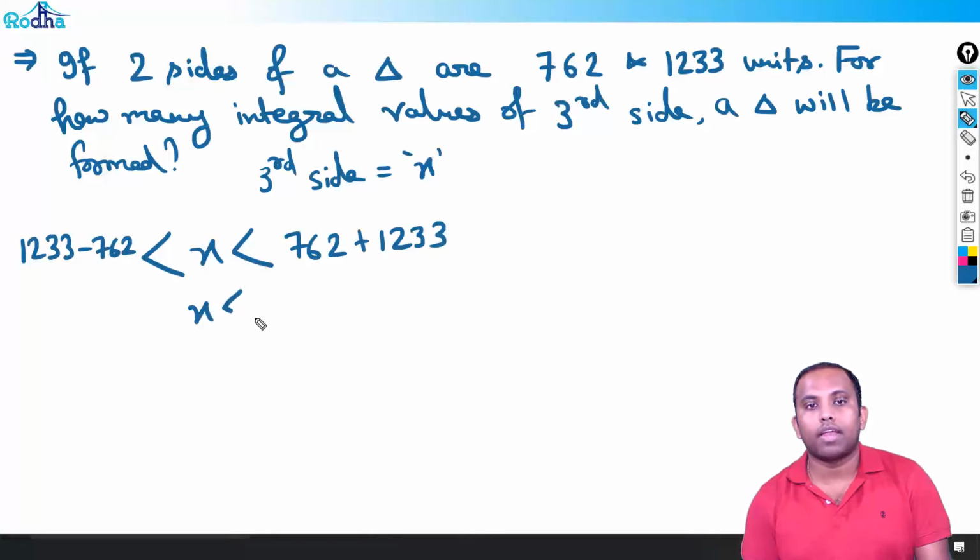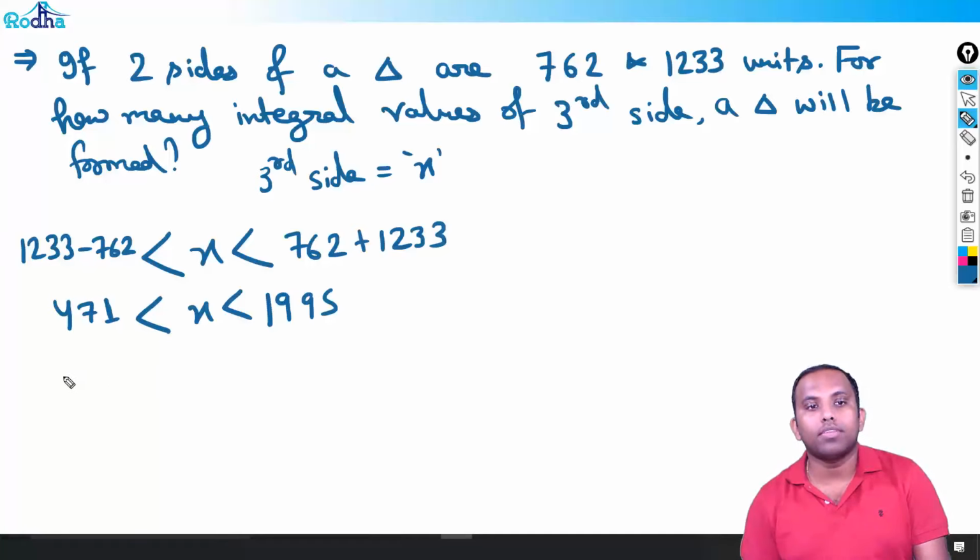The sum is 1995. Sorry, I said 2095 earlier; it is 1995. What is the difference here? 1233 minus 762 is 471.